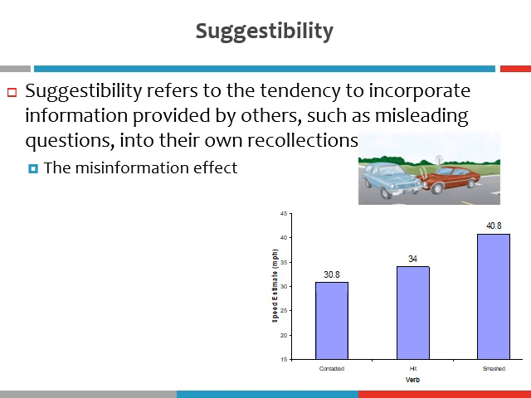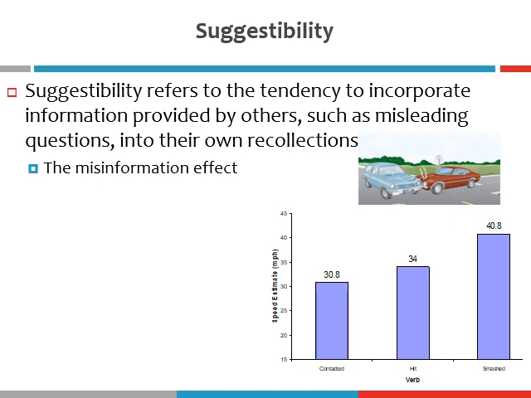And something like 42% of people in the smashed condition said that they did remember seeing broken glass, as compared to like 12% or 20% in the contacted and hit group respectively, right? So what that means is, again, people are incorporating this misleading information that was given to them by the particular verbiage that was used, right?